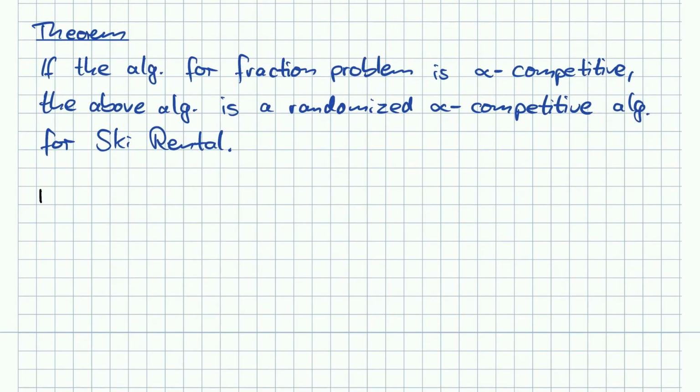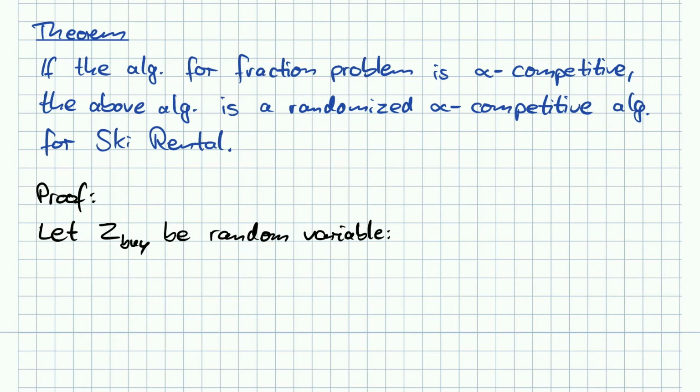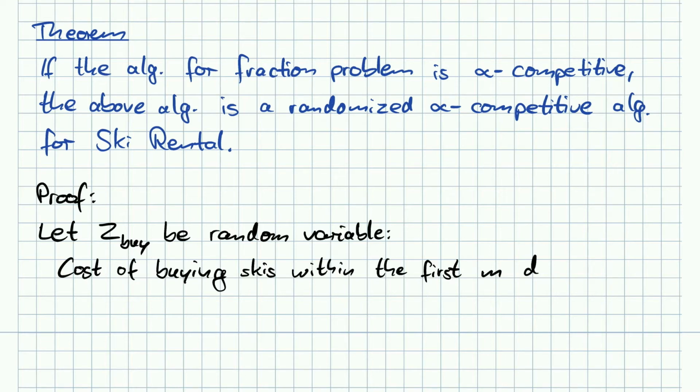How do we prove such a thing? Well, we introduce a random variable, z buy, which will be the cost of buying the skis within the first M days.